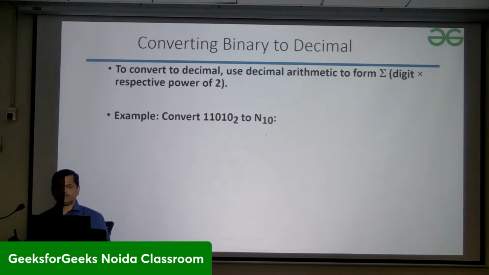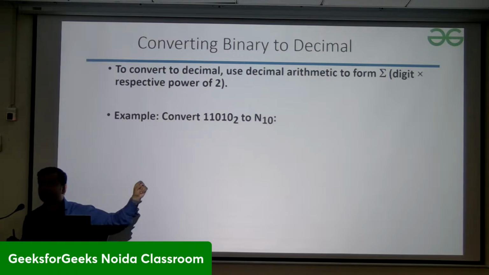So binary to decimal, how do we convert binary to decimal? Each and every digit in binary must be multiplied by power terms of 2, according to its position, whether it is the fractional or integral part.